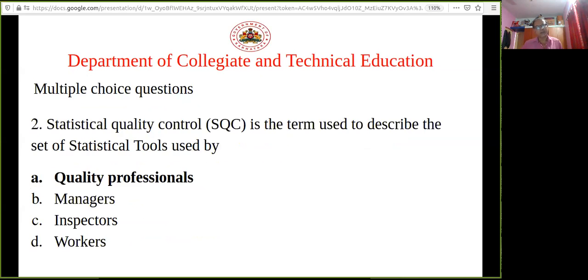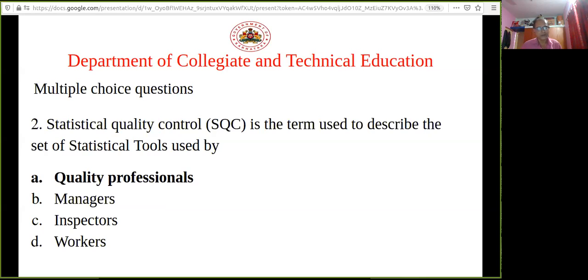The second multiple choice question is: statistical quality control is a term used to describe the set of statistical tools used by. There are four options: quality professionals, managers, inspectors, and workers. Statistical quality control tools are used only by quality professionals. They will not be used by the managers, inspectors, or workers.